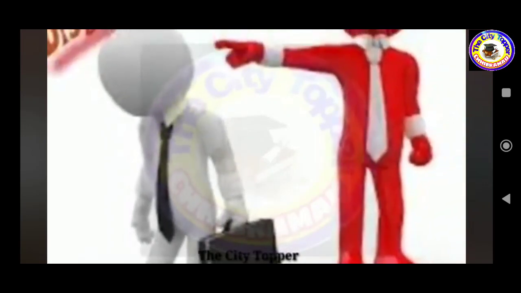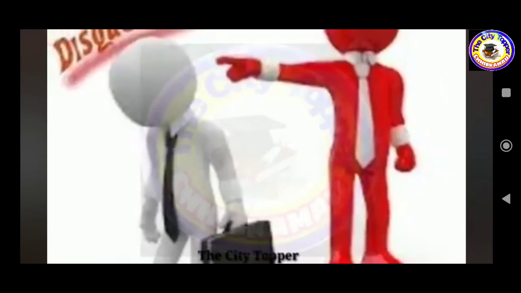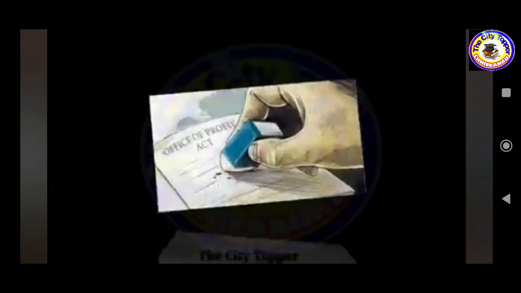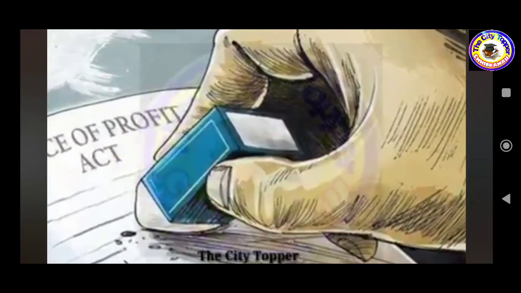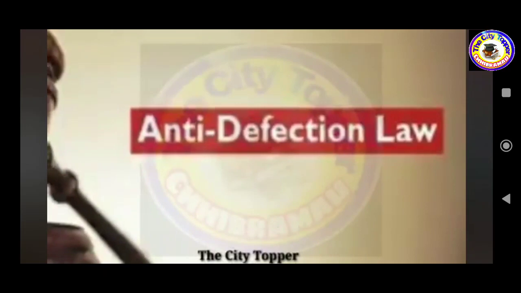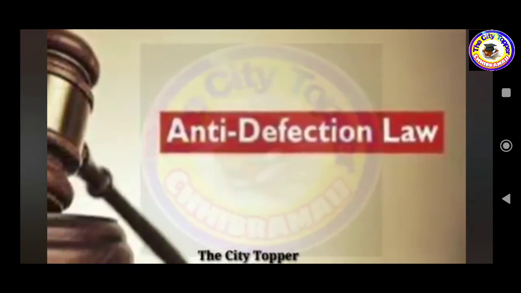Number 3, if a member becomes subject to any of the disqualifications laid down in the constitution or an act of Parliament. Number 4, if a person is already a member of the state legislature and is elected to the Parliament. Number 5, if a person is disqualified from being a member on ground of defection under the anti-defection law.